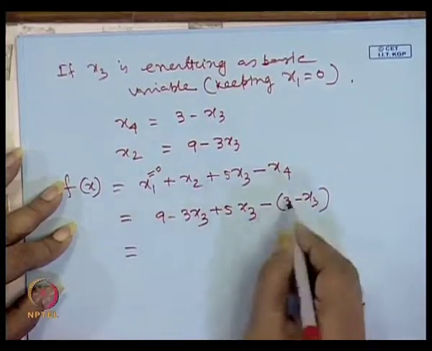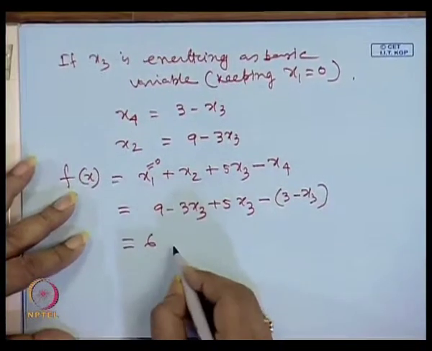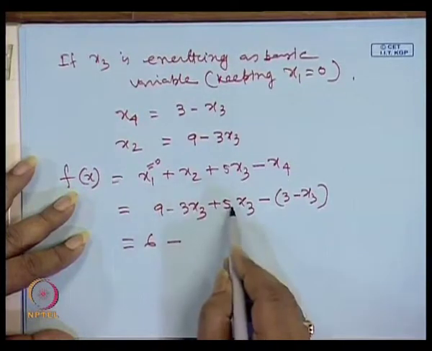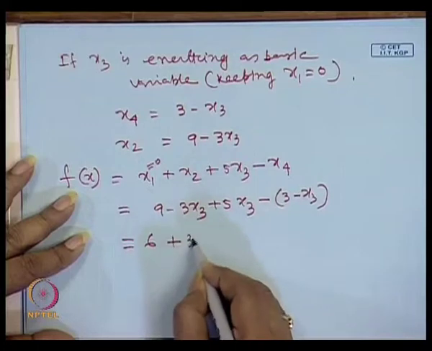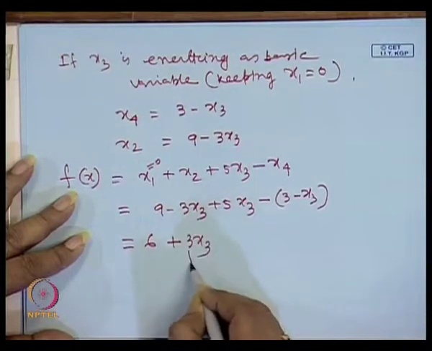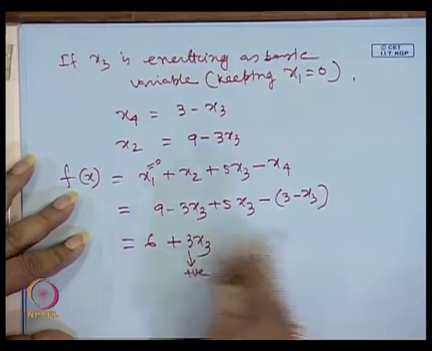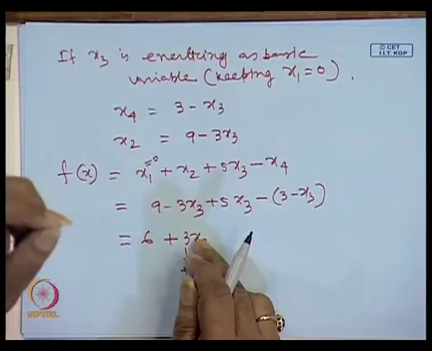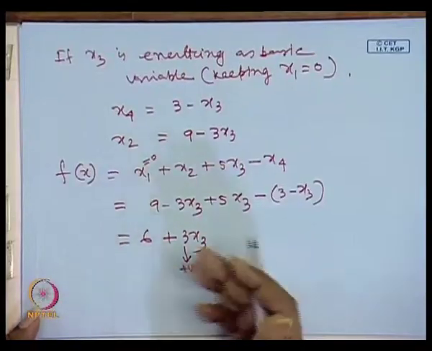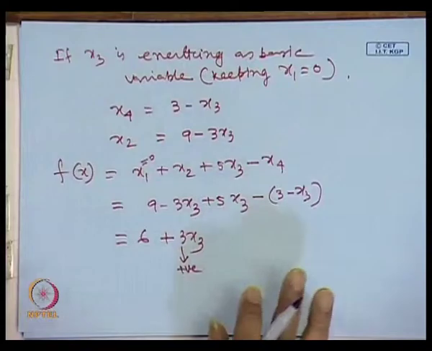If you simplify this, 6 plus 5 and this is again 1, 6 minus 3, plus x 3. So, this reduction coefficient is positive. So, if x 3 goes from non basic value 0 to some positive value, the function value is increasing. What is your conclusion?